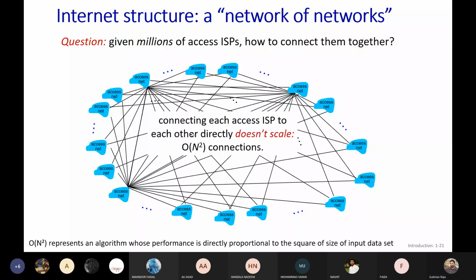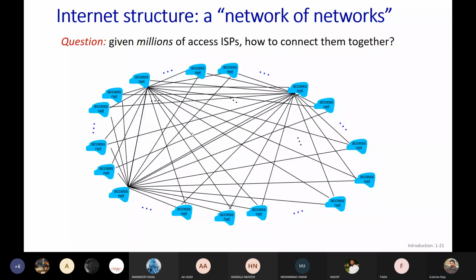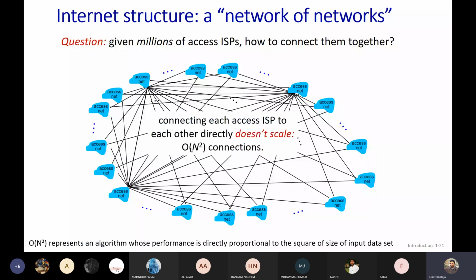It will not scale. It will not be possible to connect one access network to every other access network. It will take order of n square connections. For example, if you have n access networks, the order is n square, and with millions of them this is a problem.